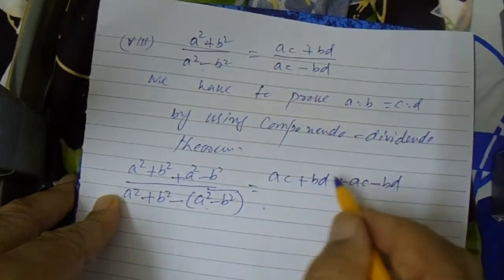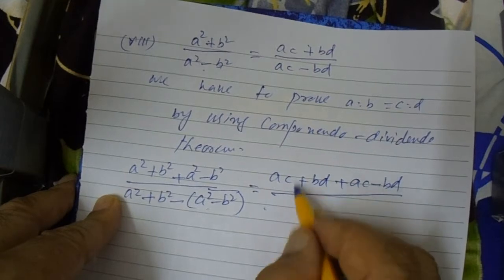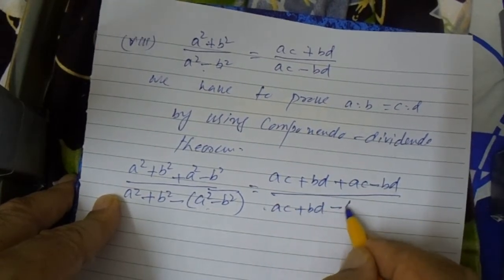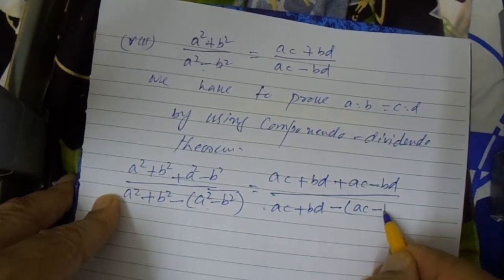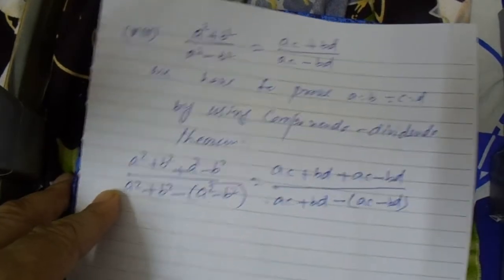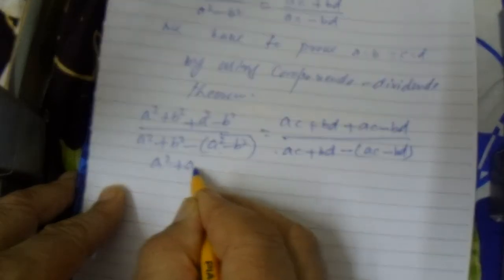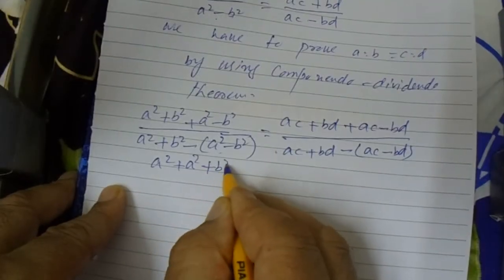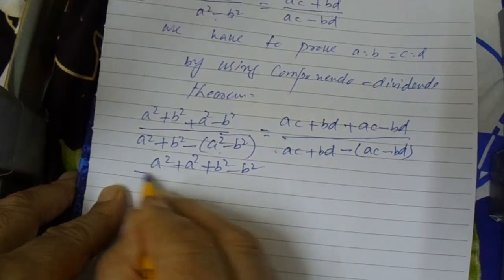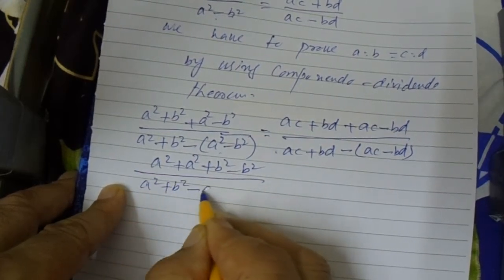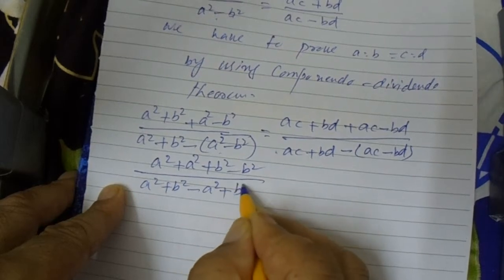This plus this over AC plus BD minus AC minus BD, this, and write here a square plus a square plus b square minus b square over a square plus b square minus a square plus b square.